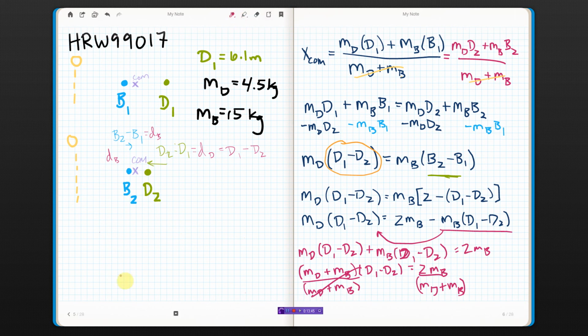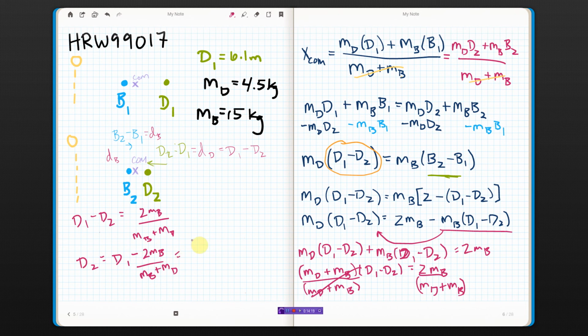Okay. So now I've got D1 minus D2 equals 2 MB over MB plus MD. And then I want D2 alone, and I end up with D2 equals D1 minus 2MB over MB plus M dog. Okay.